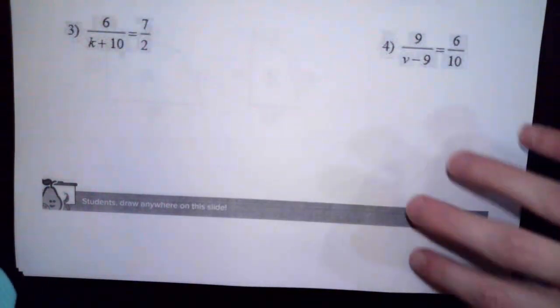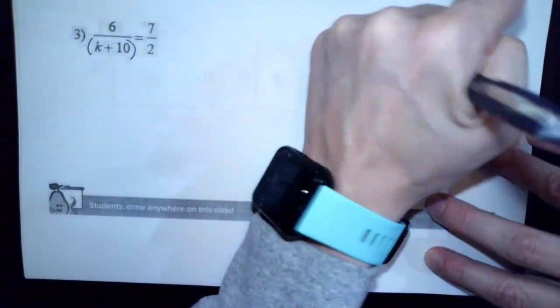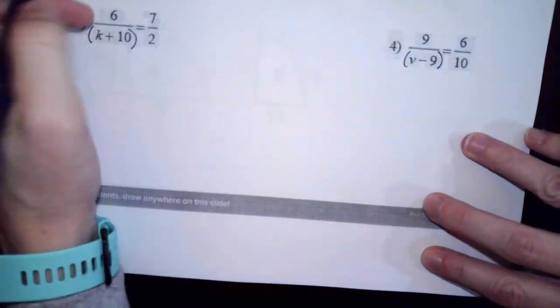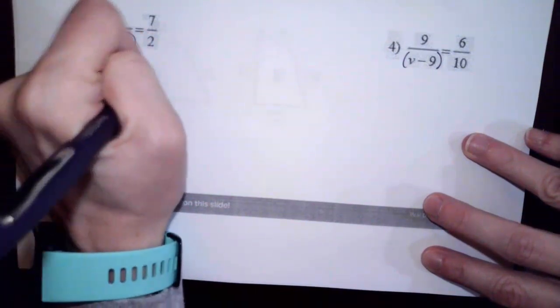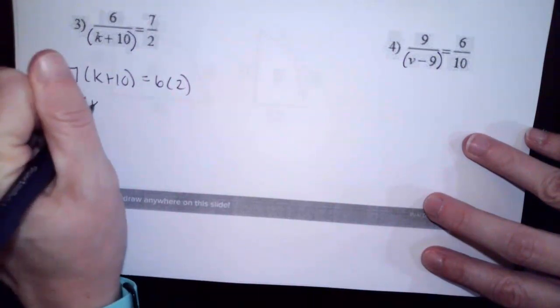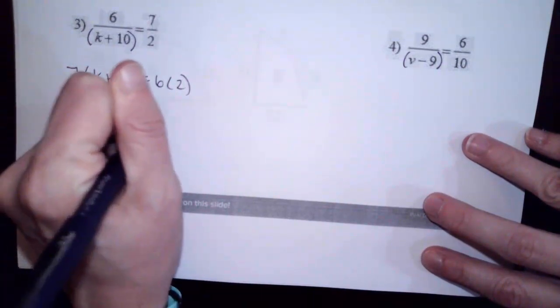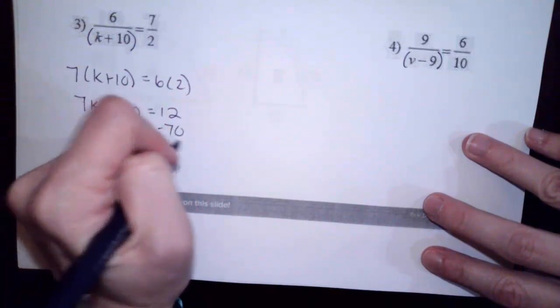All right, here we go with some binomials, and you have to remember to put them in parentheses. So we've got 7 times k plus 10 equals 6 times 2. So we distribute, you get 7k plus 70 equals 12. Subtract 70 from both sides.